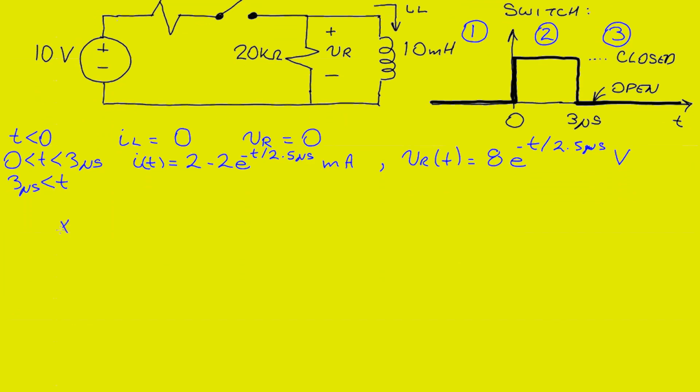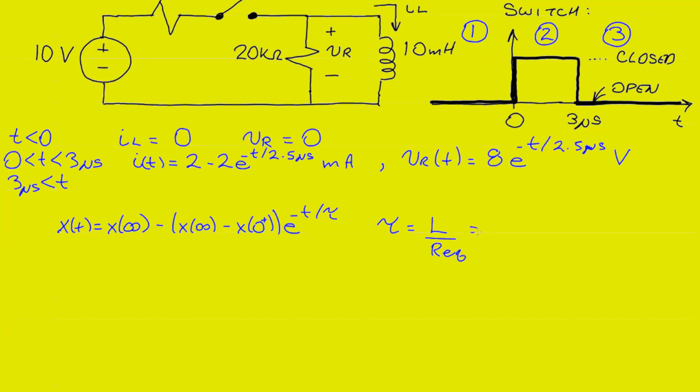We know all currents and voltages in our circuit will be of the form x of t is equal to the final value minus the difference between the final value and the initial value multiplied by e to the minus t over tau.